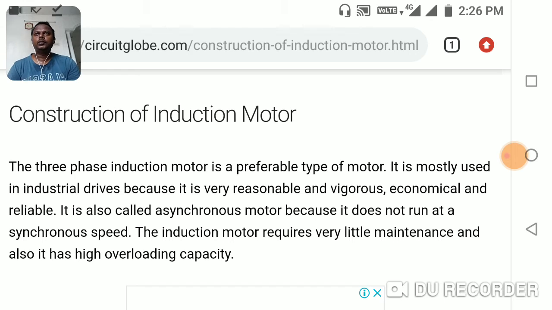So this last line has indicated why the three-phase induction motor is preferred in industries, because the first thing is it is economical and vigorous, which means it has good efficiency almost. And the third thing, the main thing, is it is a very reliable motor compared to other motors.